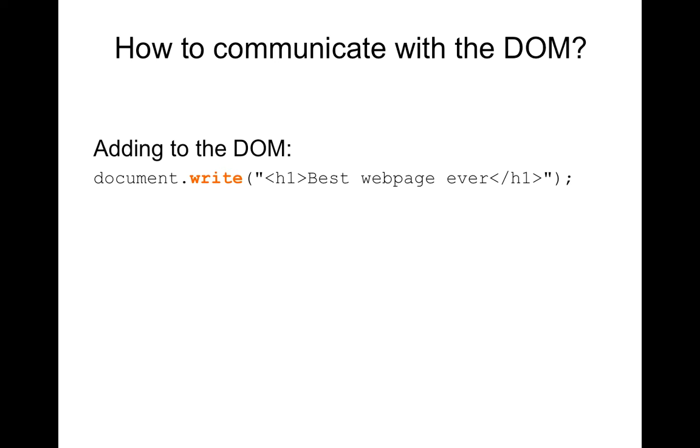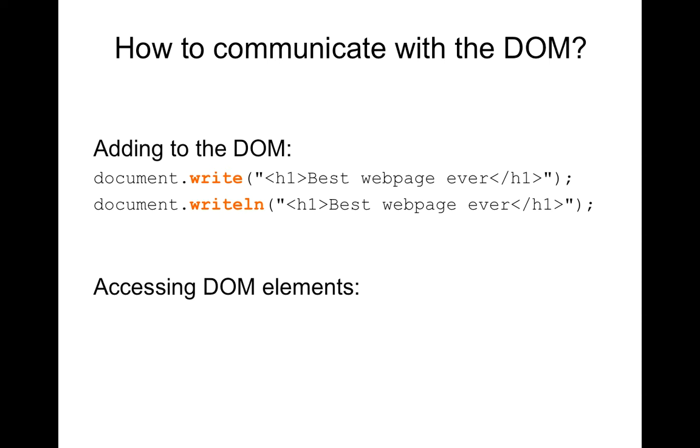And you're just writing out HTML into the page at that point. So inside of the double quotes is just whatever HTML you want to put onto the page. You can also use document.writeln, which is a little different, which doesn't have any functional difference at this point, but you'll see both used in code.